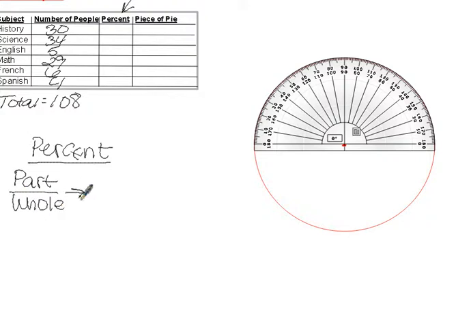For the first one, it's 30 divided by 108. You should do those calculations and then fill in that part of your table. Leaving them in decimal form will make it easier when you're calculating the next step. So for percent, we have 0.28.